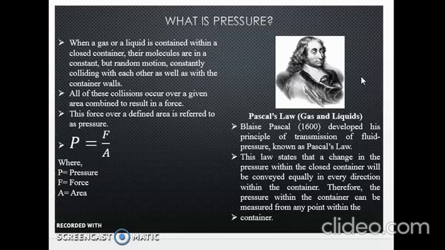This law states that a change in the pressure within a closed container will be conveyed equally in all directions within the container. Therefore, the pressure within the container can be measured from any point within the container. So Pascal's law is a common basis for all the measurement principles for measurement of pressure.